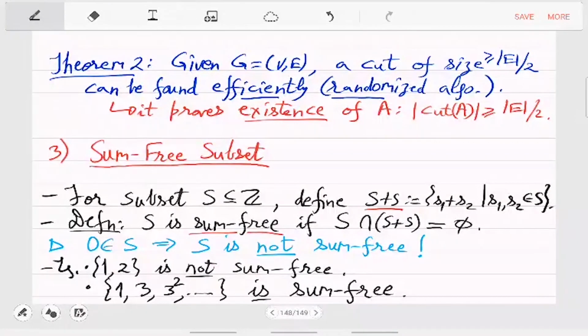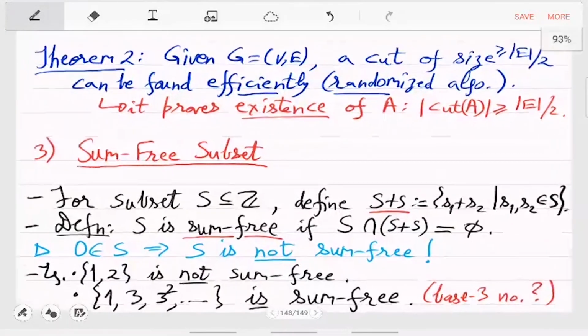Because 1 plus 1 is 2, which is smaller than 3, and similarly 3 plus 3 is 6, which is smaller than 9. When you add up two numbers here, you actually get a unique number. It is like base 3 representation. Think of this as base 3 representation. Because of that you can show that this set is sum free.